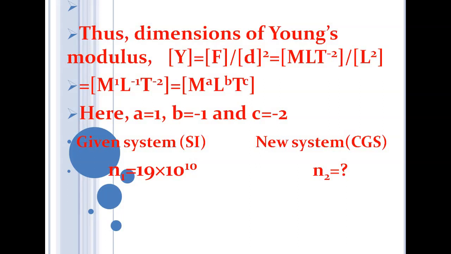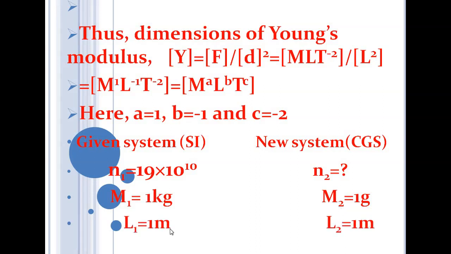It is given that n1 equals 19 into 10 power 10, and n2 we have to find. In SI, the unit quantity for the mass is 1 kg. In CGS, unit quantity for the mass is 1 gram. Similarly, unit length is 1 meter in SI, and in CGS it is 1 centimeter.